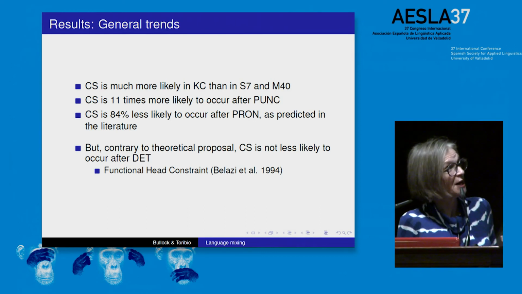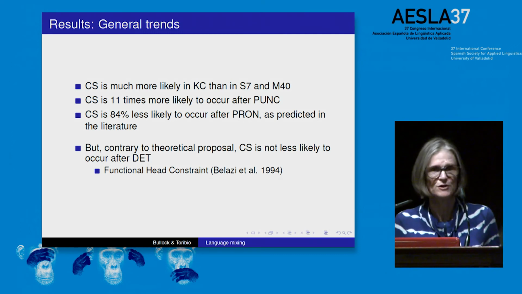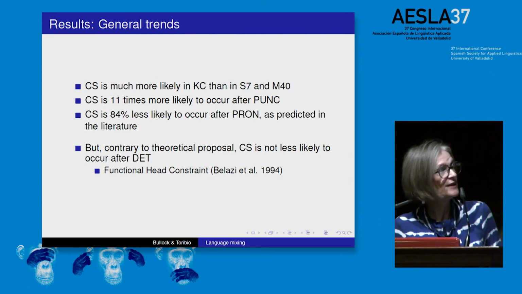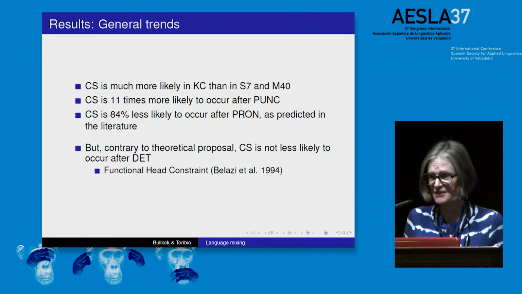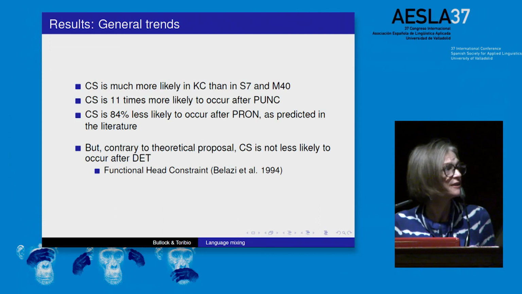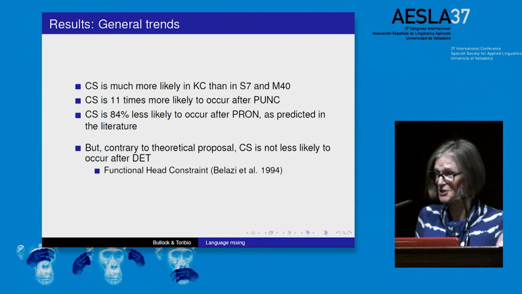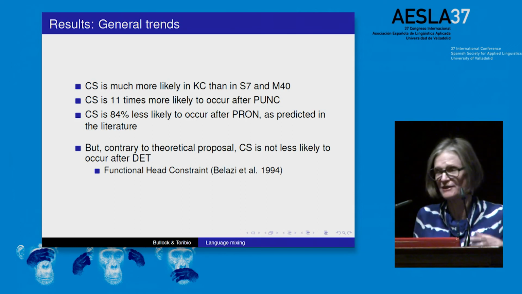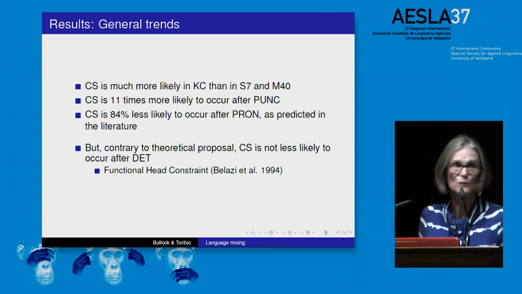It's actually 11 times more likely to occur after punctuation than after verbs, which is our reference point. And it's 84% less likely to occur after pronouns. It doesn't mean that it doesn't occur after pronouns, but that it's very unlikely to do so. But this business with the determiner flies in the face of things like the functional head constraint. We shouldn't be switching after determiners, even though we know that sometimes we do.